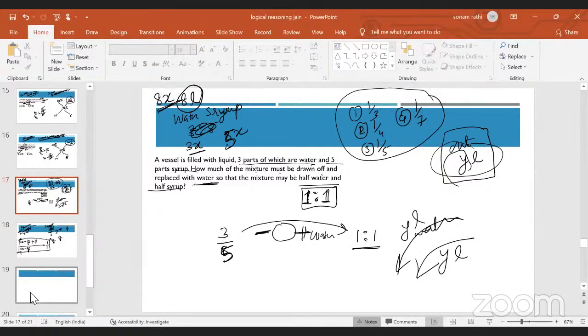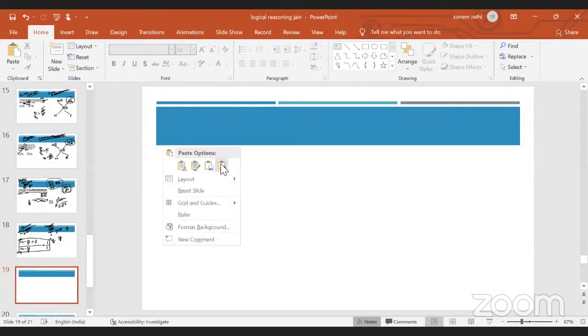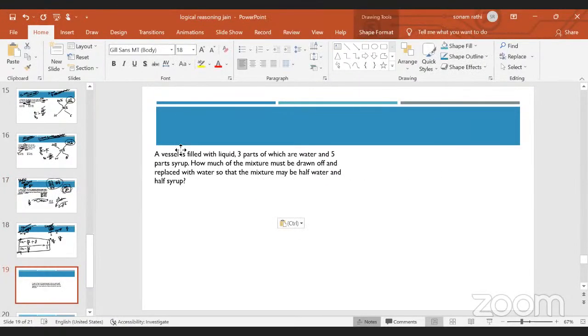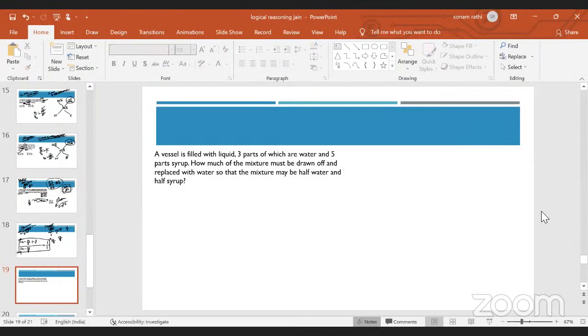So I will do it a better way. Instead of 8x, I will say 8 liters: 3 liters water and 5 liters syrup, and then y liters is withdrawn.